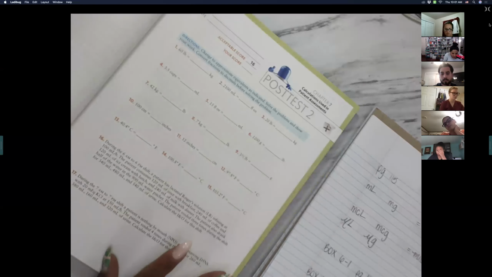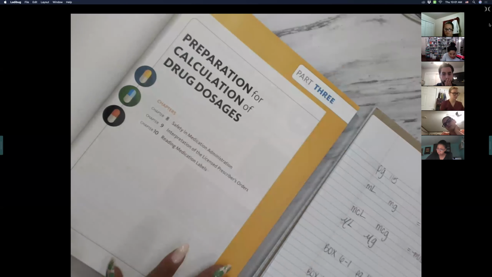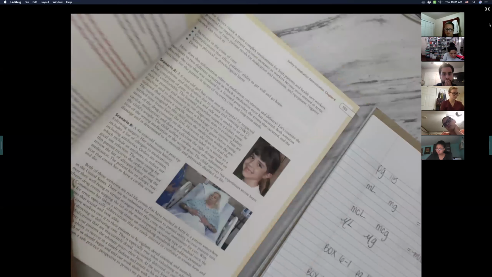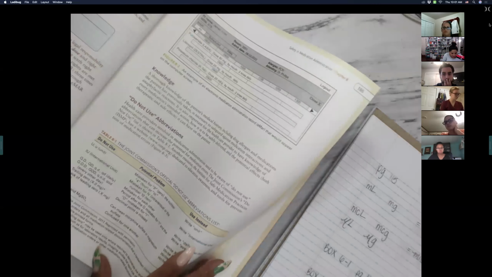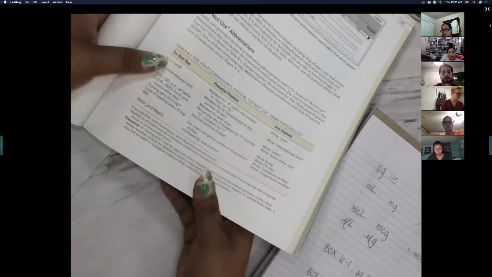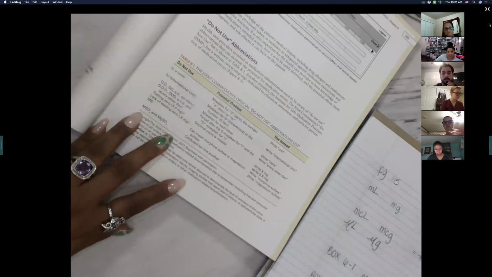Okay, and then the next chapter, I believe, yeah, chapter 8 is just safety. So there really isn't any math involved, but I encourage you guys to read these tables.